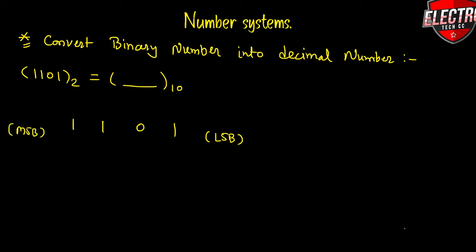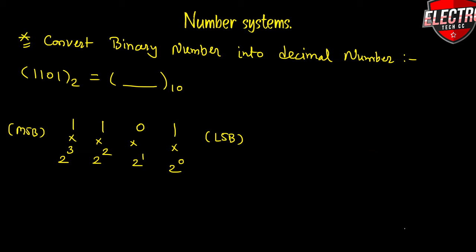Then you have to multiply the least significant bit by 2 raised to 0, the next bit by 2 raised to 1, next bit 2 raised to 2, and next bit 2 raised to 3. You have to multiply all these values from least significant bit to most significant bit.